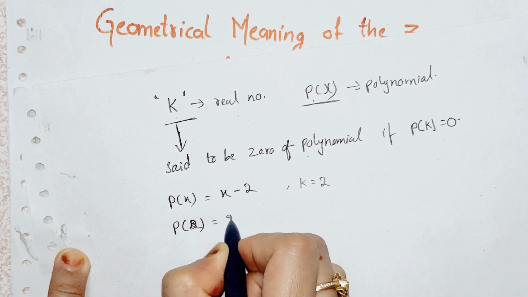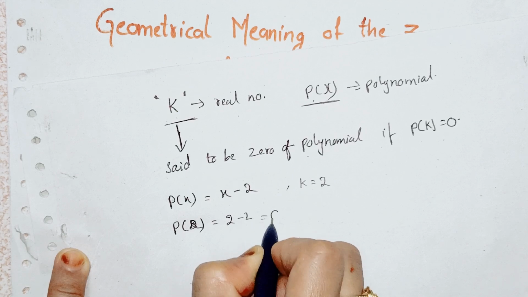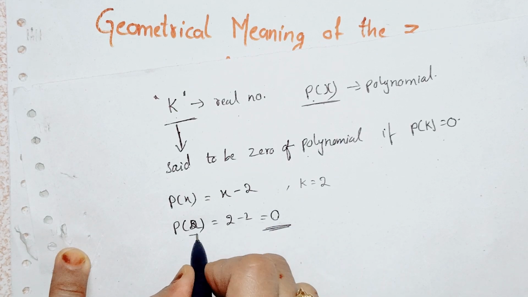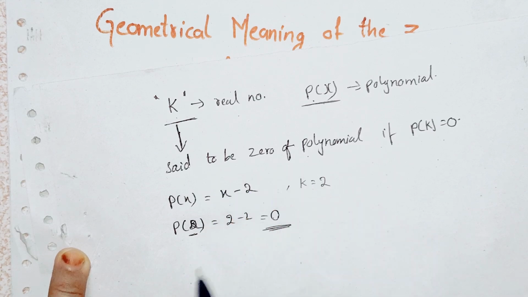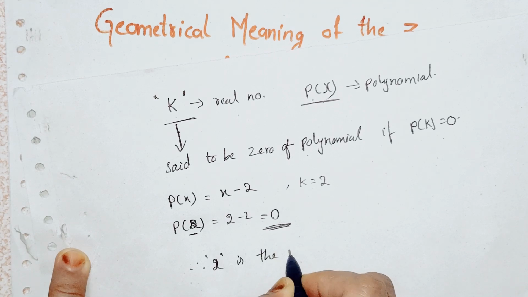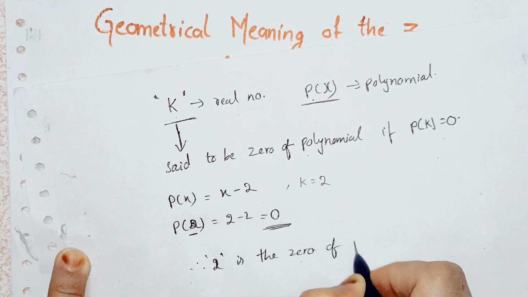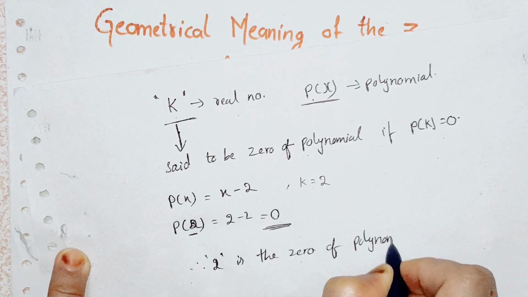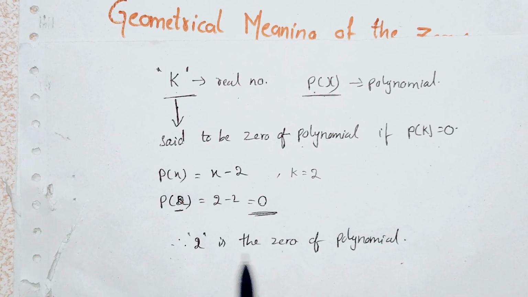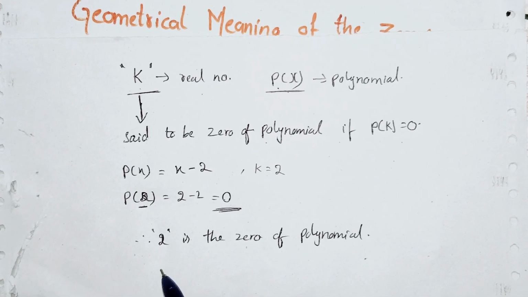P of 2 equal to 2 minus 2 equal to 0. So I am getting the answer 0. So 2 is called the zero of the polynomial. Therefore, 2 is the zero of the polynomial. Okay, have you got this point guys? So in this way you can find out the zeros of a polynomial.